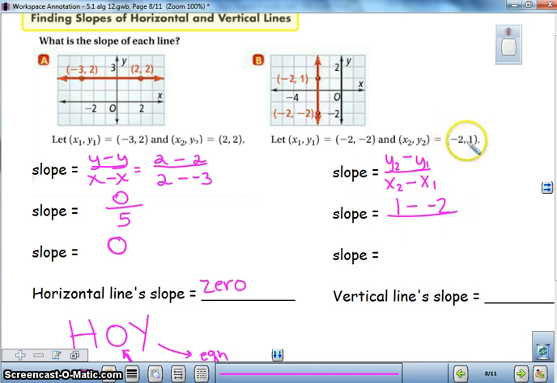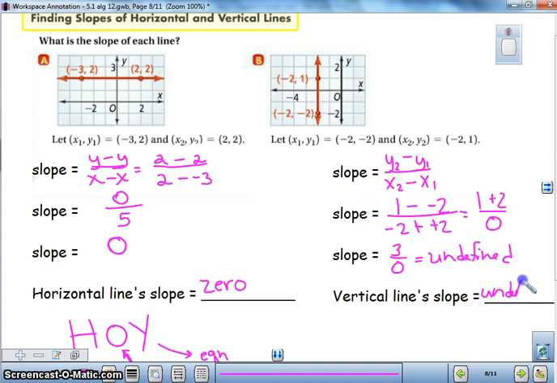In our denominator, our x2 is negative 2 minus a negative 2. So we have 1 plus 2 divided by negative 2 plus 2, which is 0. 3 divided by 0 is undefined. And our slope of a vertical line is always going to be undefined.